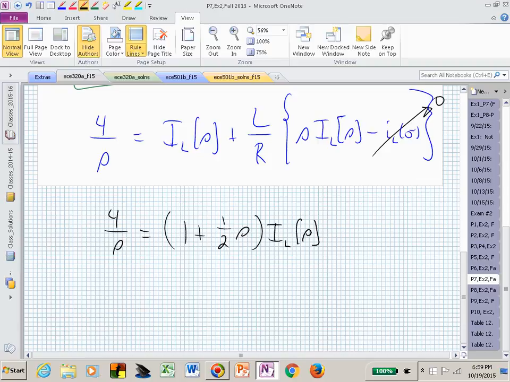I just combined my I sub L's. And now I can solve for capital I sub L of s. Capital I sub L of s is now 4 over s, and I'm going to divide by 1/2 s plus 1.